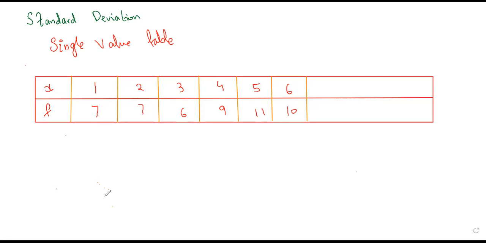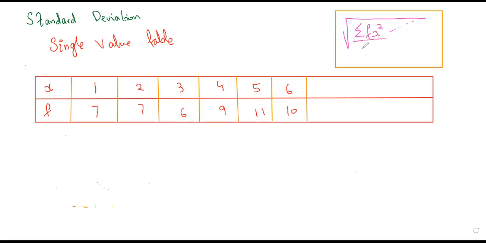First of all, I am going to write down the formula. This is for table 1, so it would be different from the previous formula. It is going to be the square root of summation fx squared over summation f, minus x bar squared.